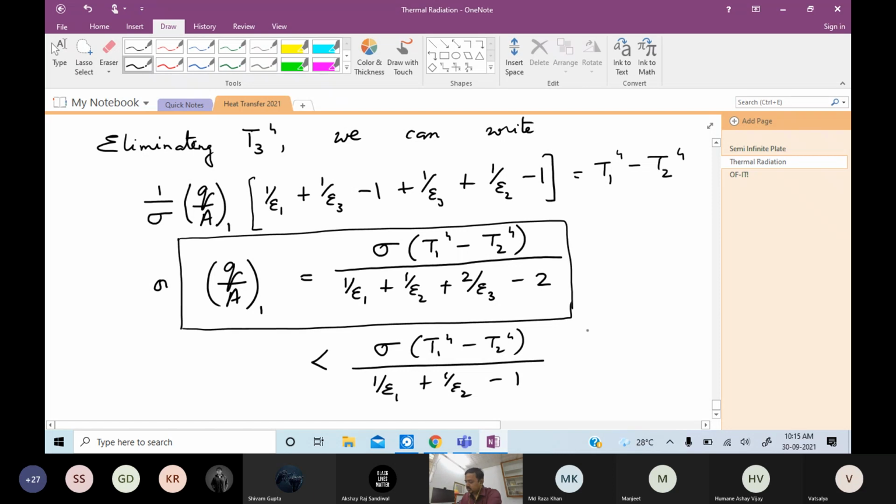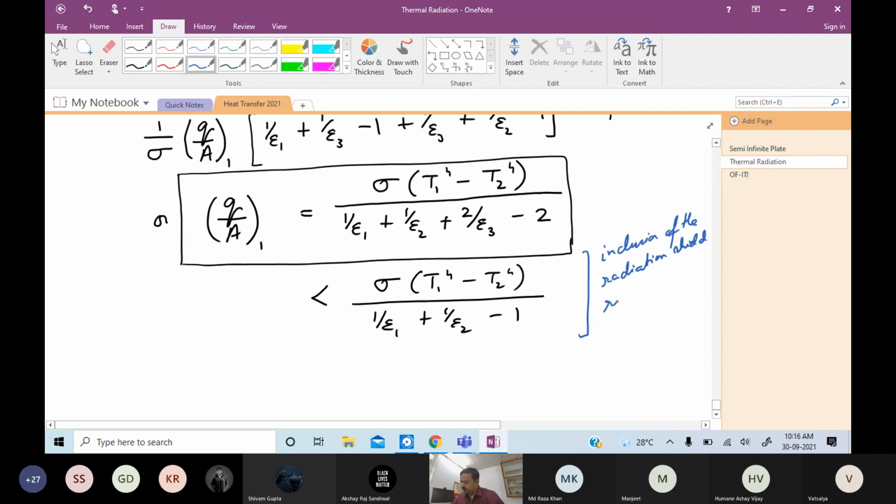So this means that inclusion of the radiation shield reduces the net heat loss by radiation.